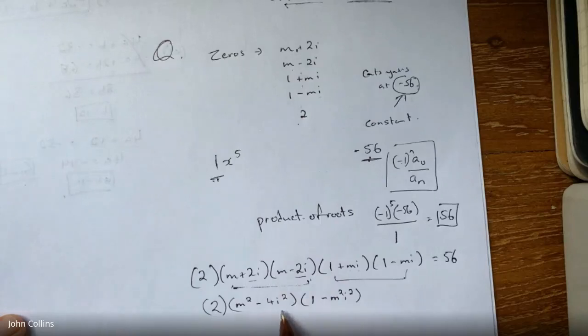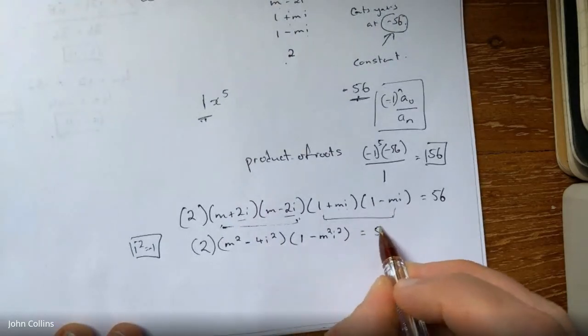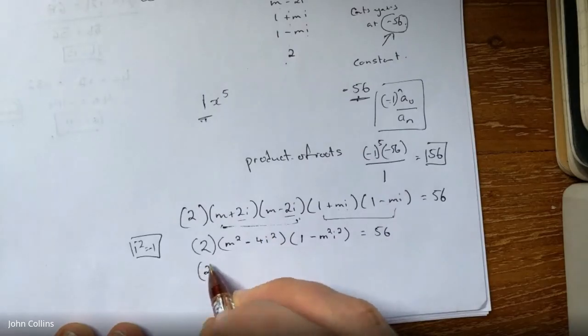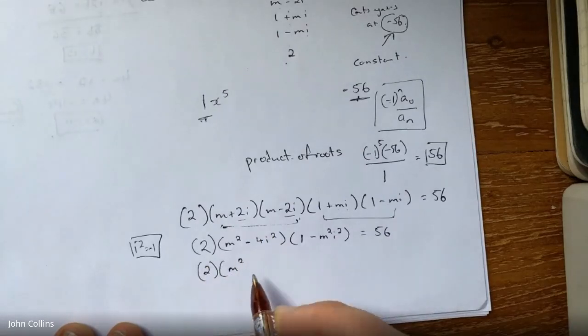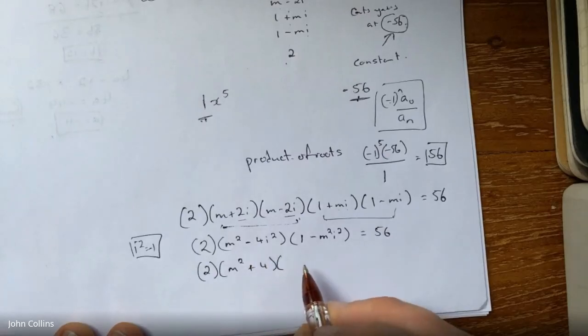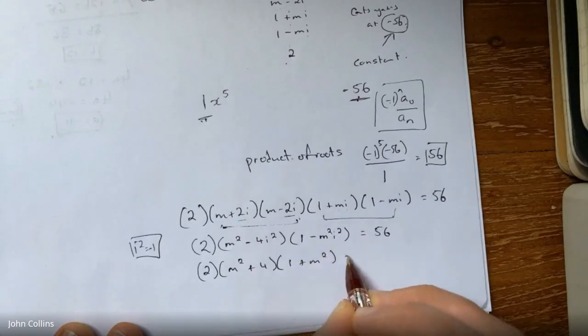This I can tidy up because I know i squared equals minus 1. I always have that in my locker to use for i squared, and that still equals 56 from before. But the i squareds are going to go. So I get 2 times, you could have jumped to this line if you're quick, m squared plus 4 and 1 plus m squared equals 56.